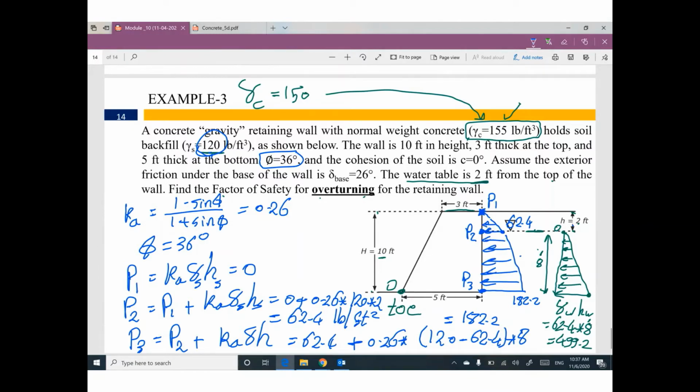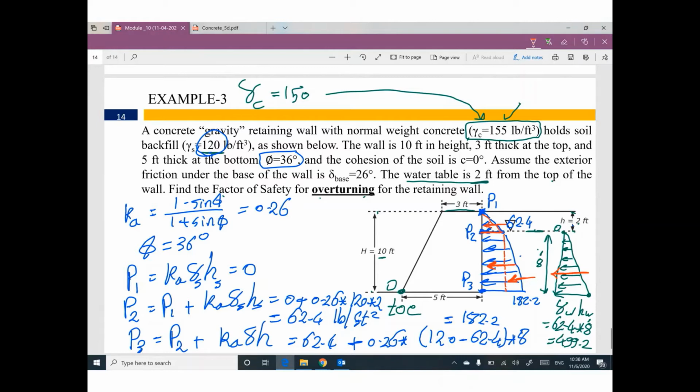We need to convert these pressures to forces. We have a force here. We have a force here for this triangle. And I will divide this trapezoid into one rectangle and one triangle. Go ahead and find these forces. Let's start with the triangle of the water. 1/2 times 499.2 times 8.